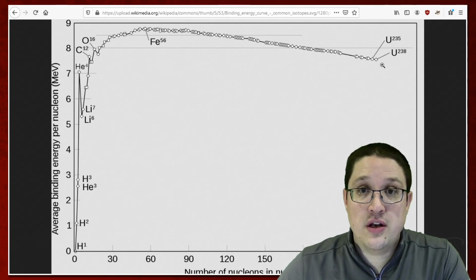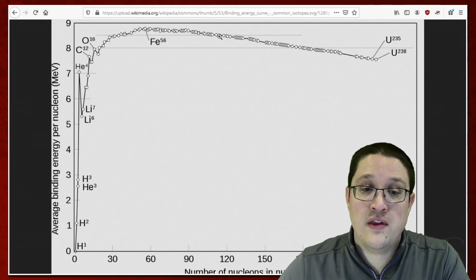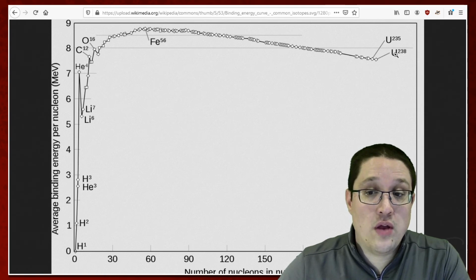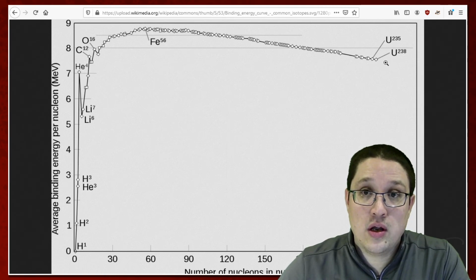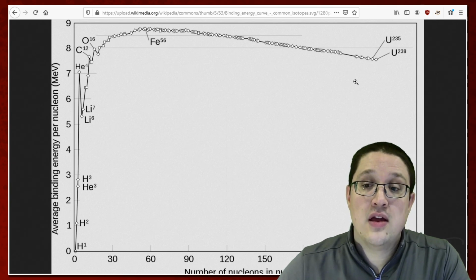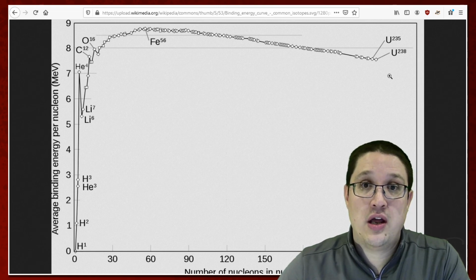So fission breaks large elements into smaller chunks, so it moves us to the left on this graph. In order to release energy, you need to move up on this graph. So fission will only work when we're talking about elements that are heavier than iron. If we try to split things that are lighter than iron, it will not release energy. So fission releases energy by breaking large nuclei into smaller chunks.